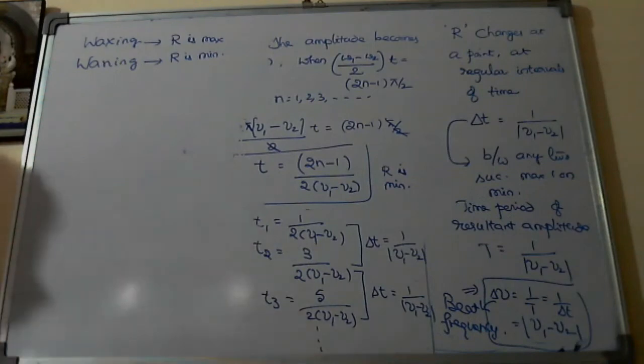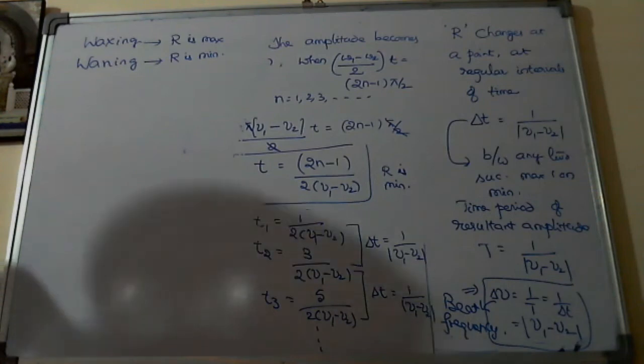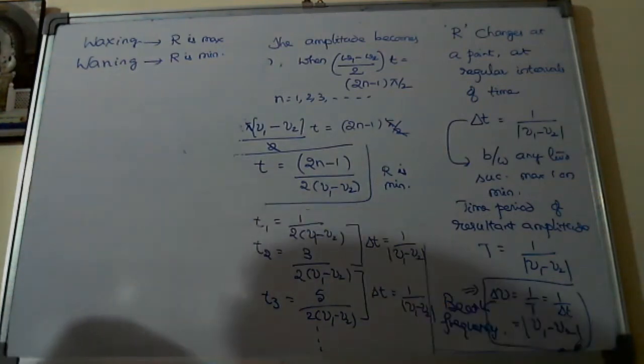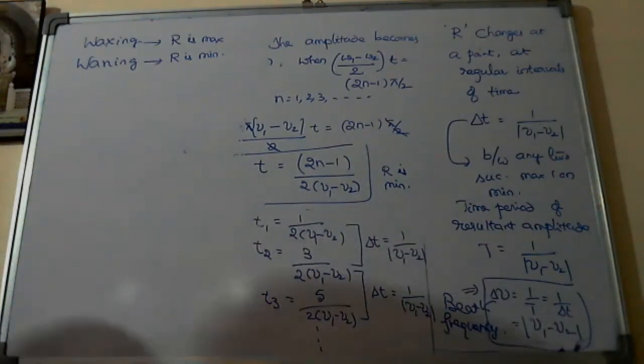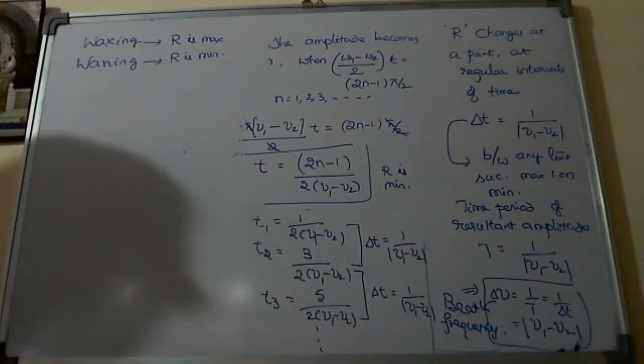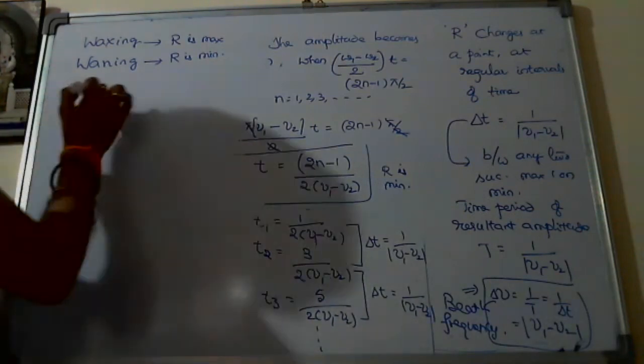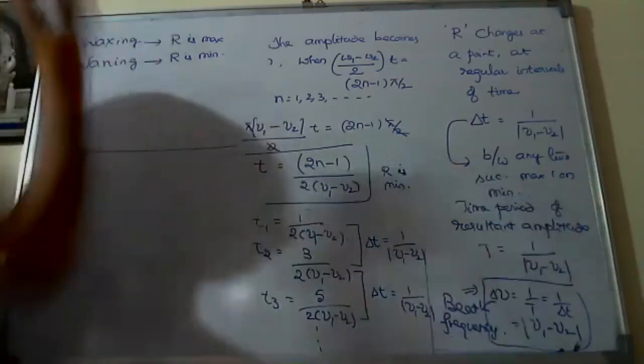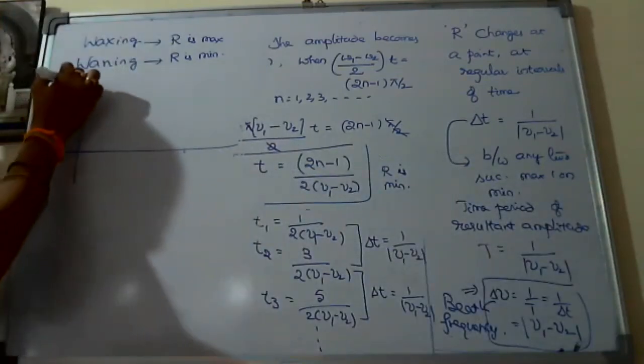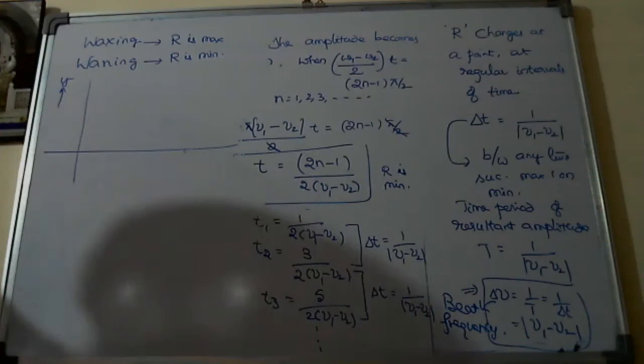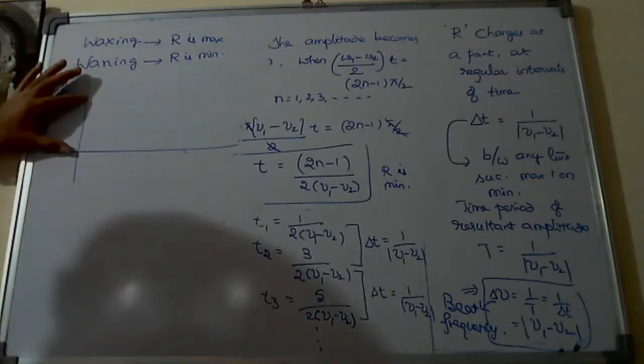Finally, how do you draw the graph for it? This is y that I'm taking, the resultant amplitude.